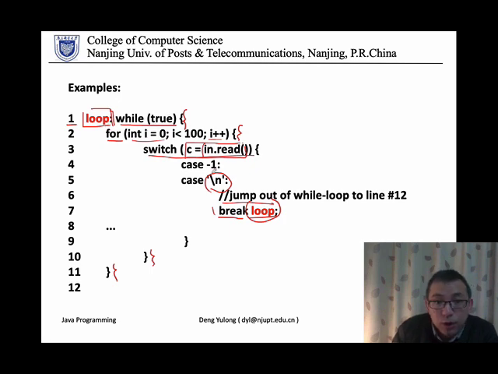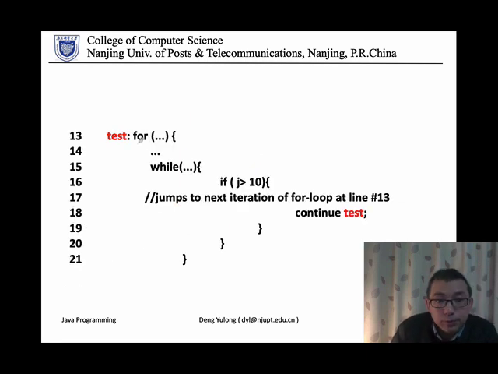That means if this switch statement gets a character of \n and it matches, then the break executes, and control will get out of the whole loop. That is what this break means.